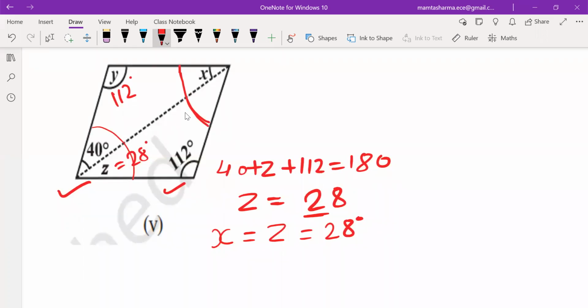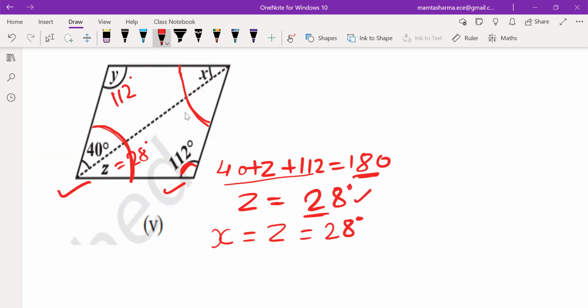So this is the simplest one. I just did 40 plus Z and this angle 112. They are adjacent angles, so their sum would be 180 degrees. From this equation, you will get Z as 28 degrees.